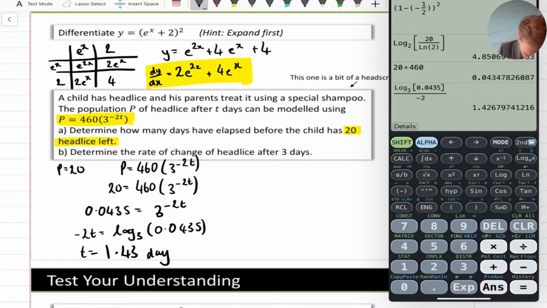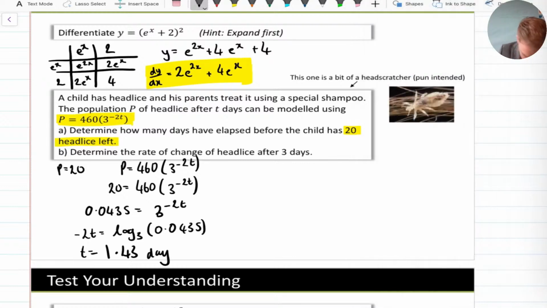Brilliant. So the next part says, determine the rate of change of the head lice after 3 days. So that was part A. Part B is the rate of change now.